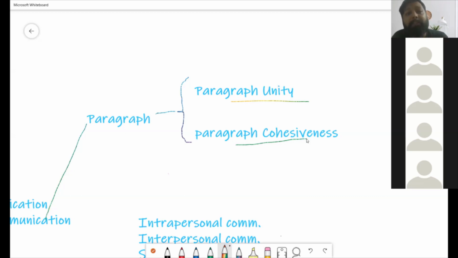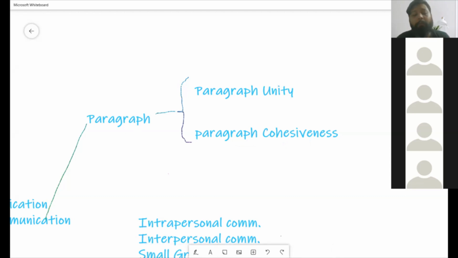Then the last sentence can say, therefore, the Indian government has taken certain concrete steps to arrest the impact of global warming in India. So this can be the last sentence. This is what I mean by cohesiveness, correct position for correct sentences. So this is again very, very important for you to remember. And when it comes to written communication, paragraphs are the most important unit that you get questions asked on.